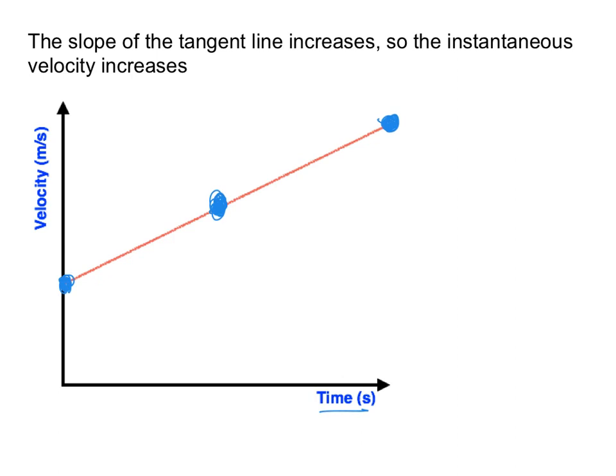So comparing with the previous graph, we noticed that the tangent line slopes increased as time increased, right? The three lines, as time moved forward, got steeper and steeper and steeper, which makes sense because what we have here is the object is speeding up. So the velocity increases because the tangent lines got steeper and steeper. Okay?